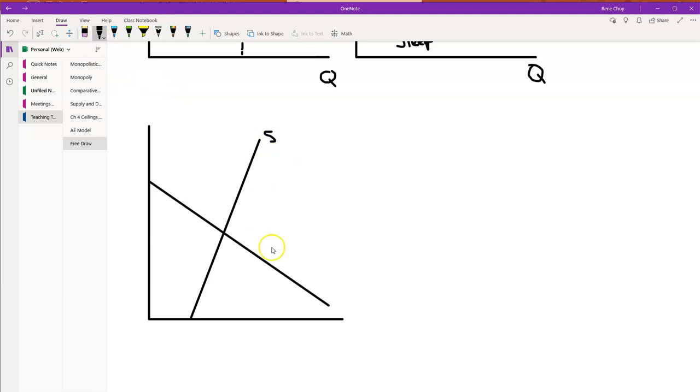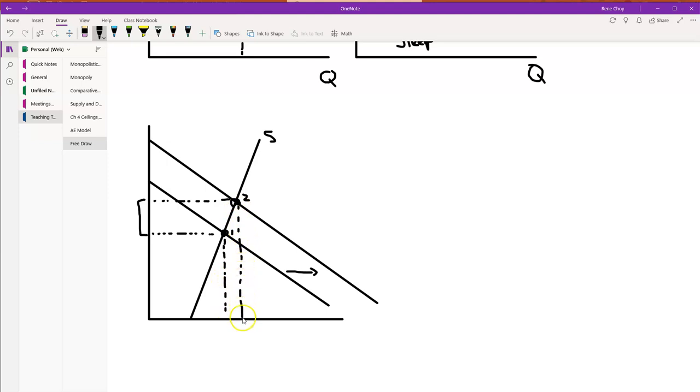So if we move, say, the demand to the right, notice that as we're moving from this point to this point, the price movement that you're going to see from point 1 to point 2 is more than the quantity movement that you are going to see.